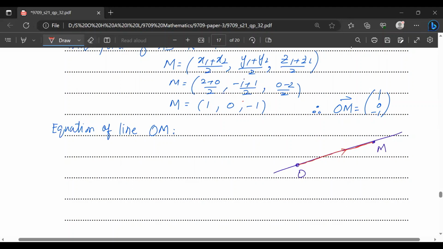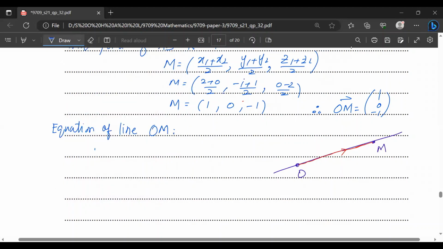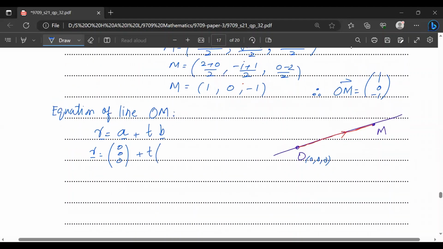So the line equation we know is r equals a plus t into b, or lambda into b. t is the parameter. And we know that a is the position vector of any point on the line. So for convenience, I can take the point origin, (0, 0, 0). t is the parameter and b is the direction vector.